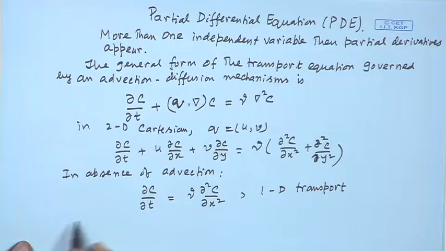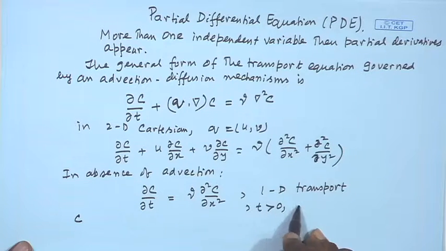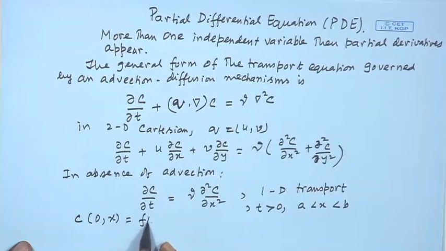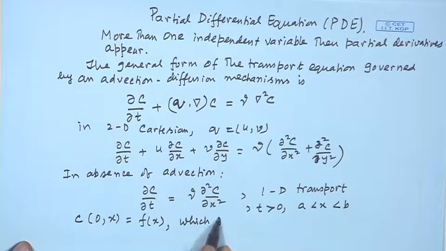Say a condition has to be given for this, t is the time. So what we need to find out is for t greater than 0 and x varying between a to b. C(x, 0) is given, say let us call it f(x), which is the initial condition.